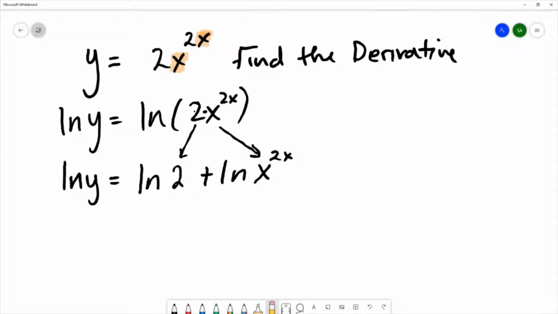And then you're going to be able to use the power rule for logarithms. This logarithm on the right has x to a power. And the power rule allows you to move that power to become the coefficient of the log.